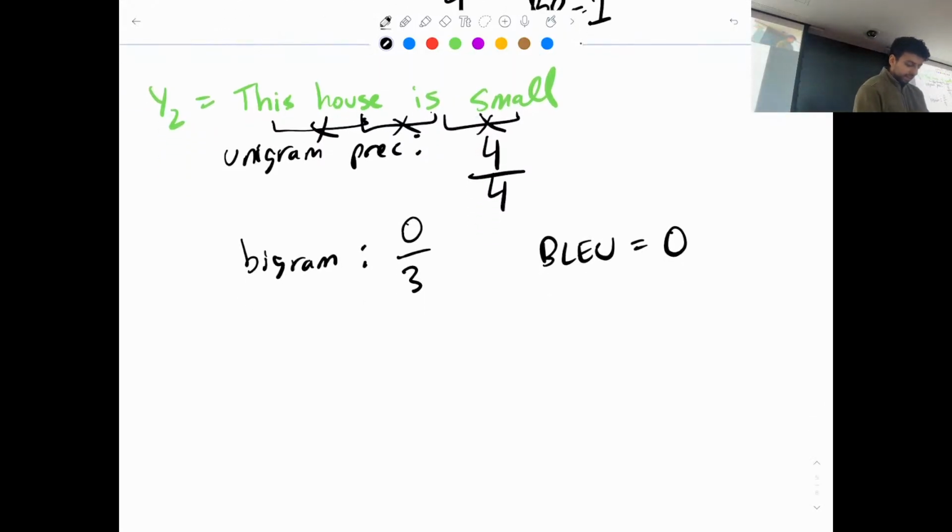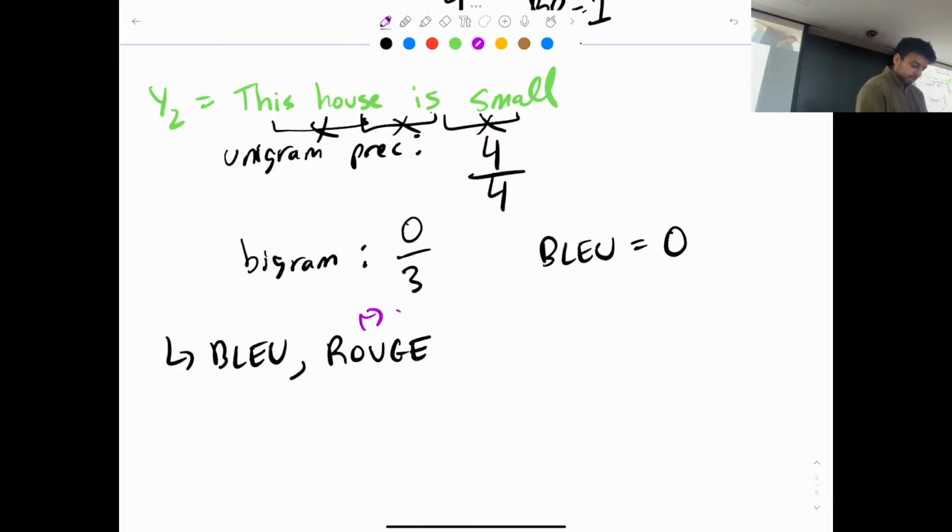What we would like to just highlight is that BLEU has a counterpart metric, ROUGE, which is used for summarization. It's basically the same thing, but is measuring recall rather than precision.